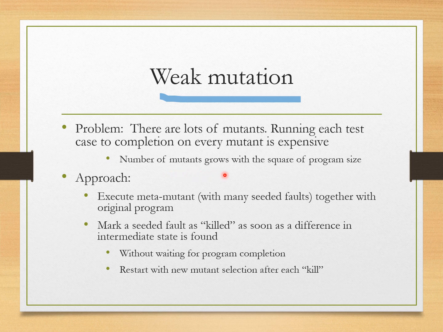The number of mutants grows with the square of program size. Approach: execute a meta mutant with many seeded faults together with the original program. Mark a seeded fault as killed as soon as a difference in intermediate state is found, without waiting for program completion, and restart with a new mutant selection after each kill.